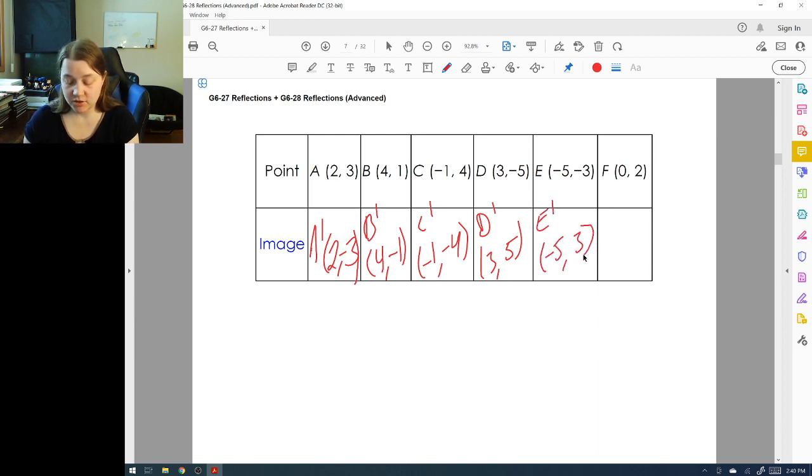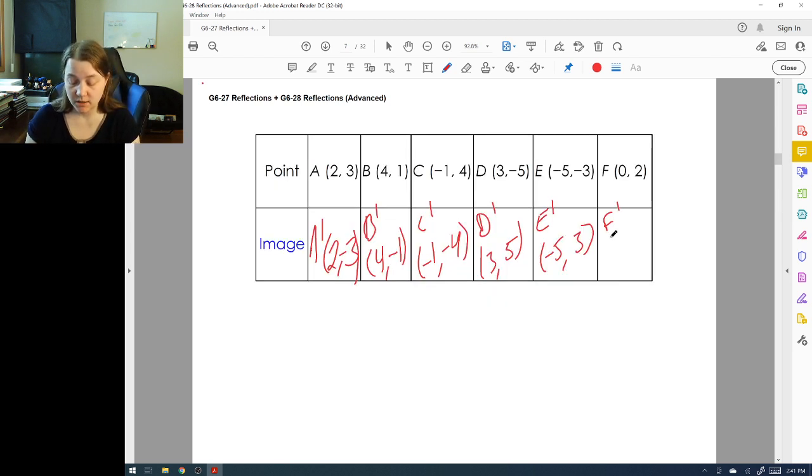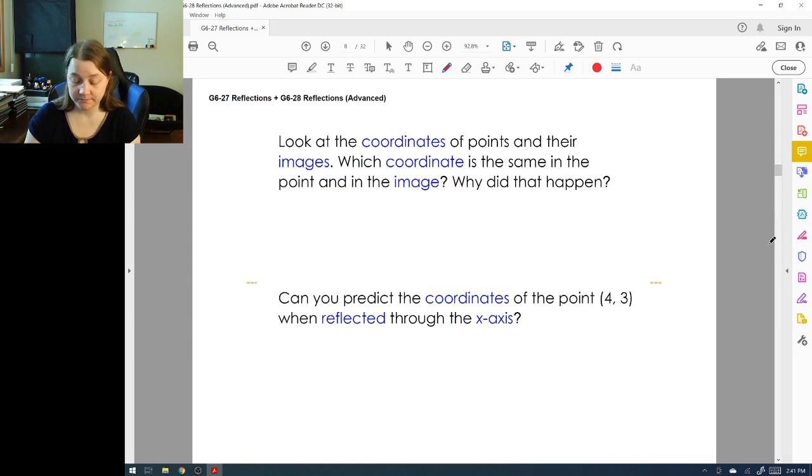The reason I'm doing this is because I'm reflecting across that same horizontal axis. So I want to change the vertical direction because of the way it's reflected. If we were going across the vertical axis, I would be changing the sign of the first number.